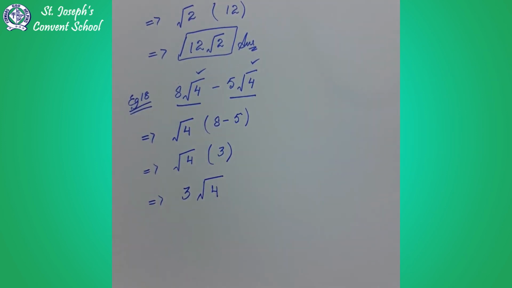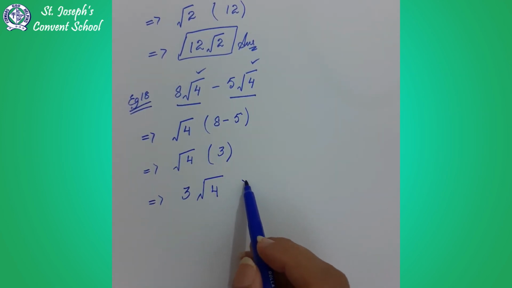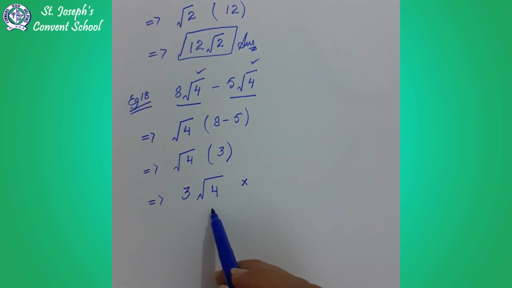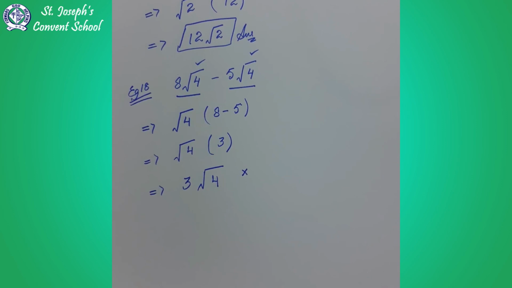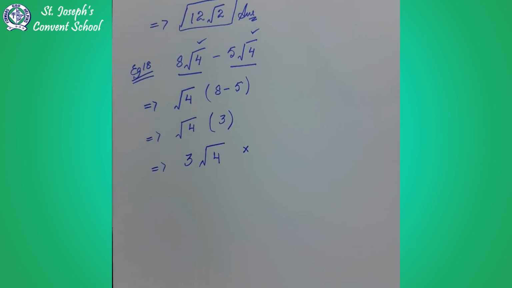Okay, now you can see that this root 4 is given. This is not the answer. So what we are going to do, we will find the root of 4. If it is possible to solve it further, you have to solve it. Check if it is possible to find the root of any number.